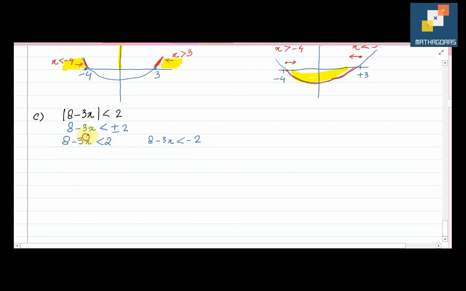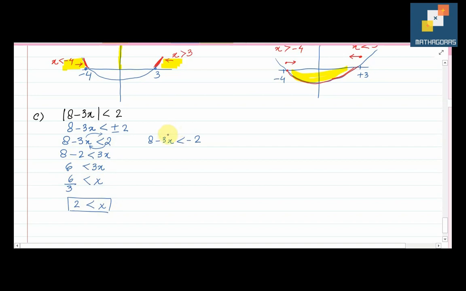So I am going to shift negative 3x to the right side, so it's 8 minus 2, the sign of inequality stays the same, 3x greater than 6, x greater than 6 divided by 3, x greater than 2. You got one value of x.